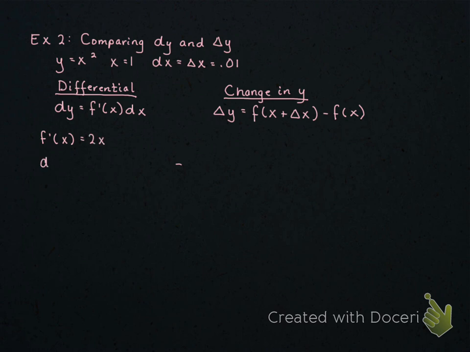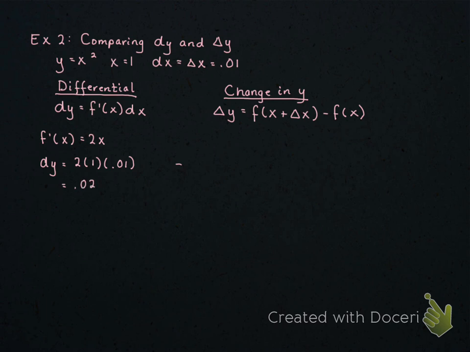So the differential, remember, the differential always includes the derivative, okay? So f prime of 1 means that we are multiplying 2 times 1 times dx, which is 0.01. So 2 times 0.01 gives us a value of 0.02.